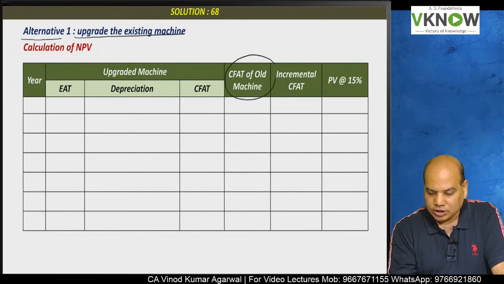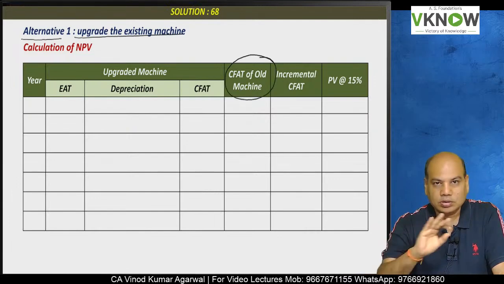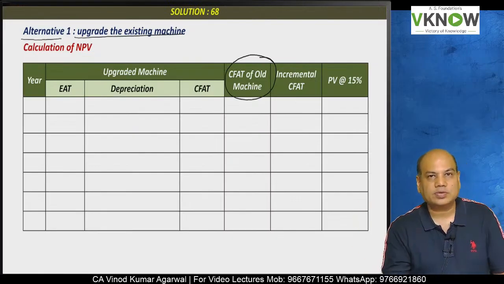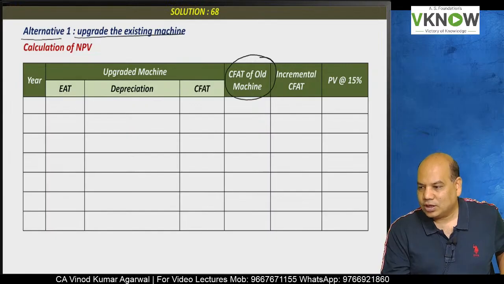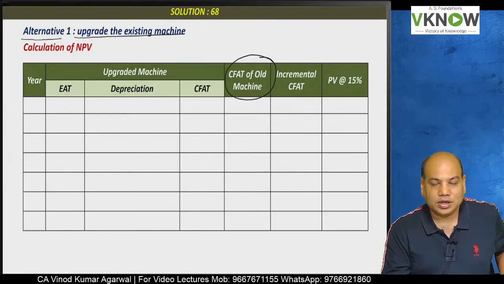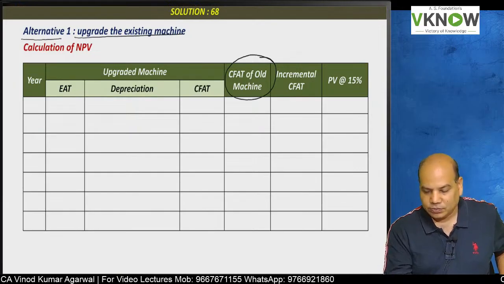In case of the old machine, because its book value is 0, no more depreciation will be claimed on that, and therefore its earning after tax and CFAT will be the same, because depreciation is not there.